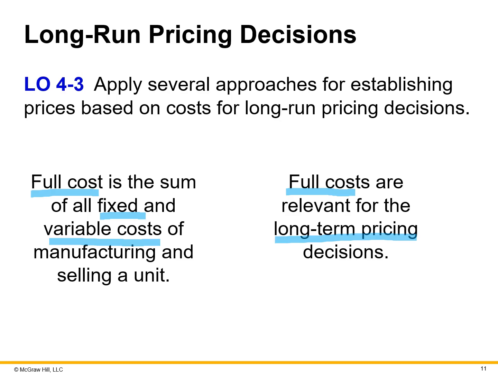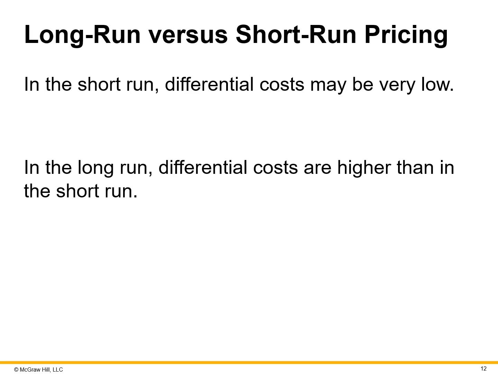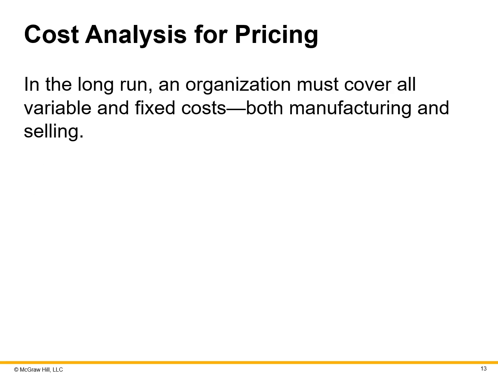And so in the short run, differential costs might be low because you're going to have a lot of your costs as being fixed. Whereas in the long run, your differential costs are higher because a lot of those fixed costs are going to be reclassified as variable costs. This slide says that in the long run, the company must cover all variable and fixed costs.